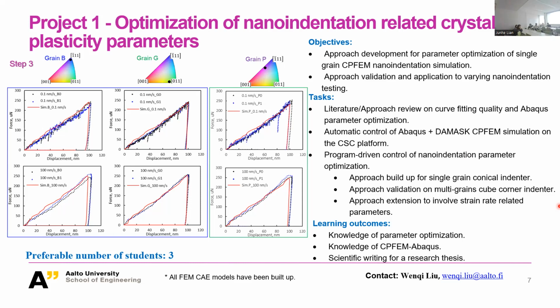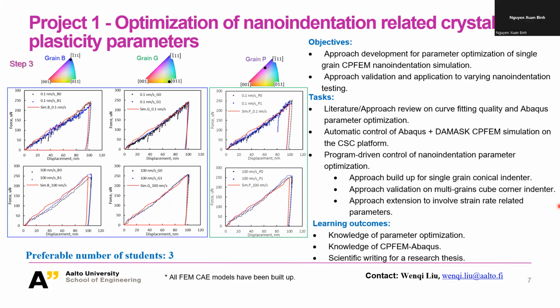So you will get the force-displacement curve from the machine, and you will also get this from the simulation. It's not about the stress-strain curve anymore. It's about force and displacement. So this is a different system, a FEM simulation.